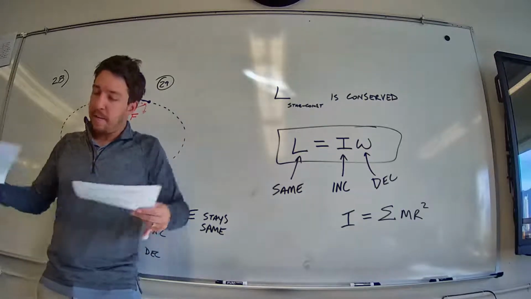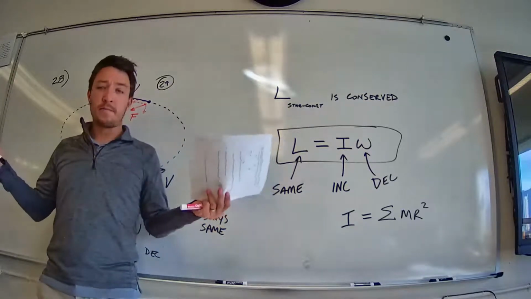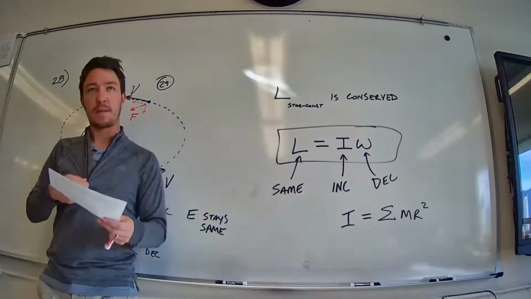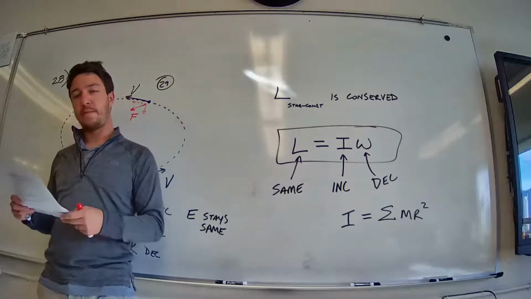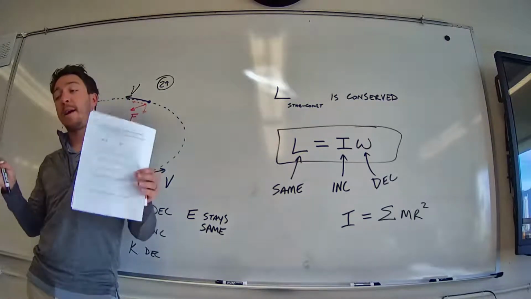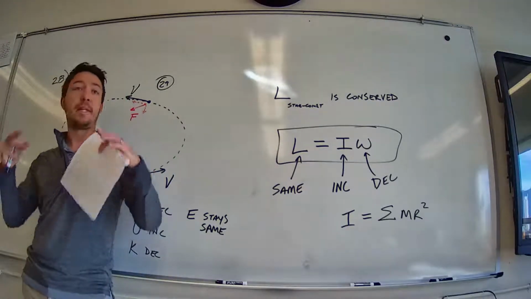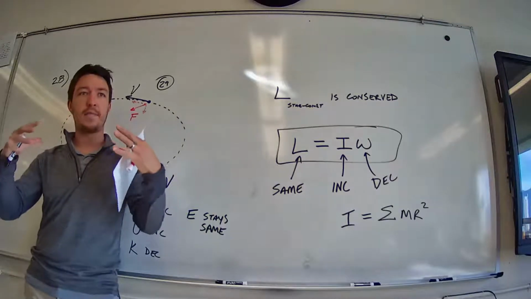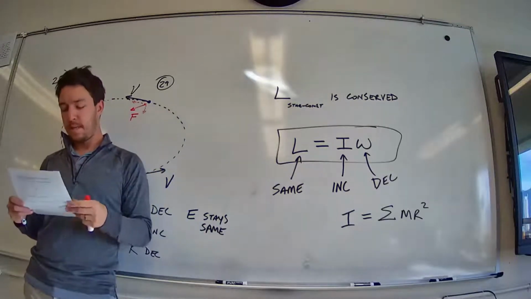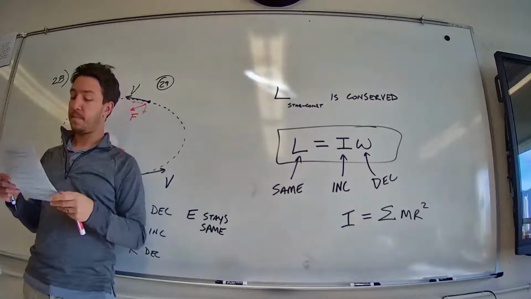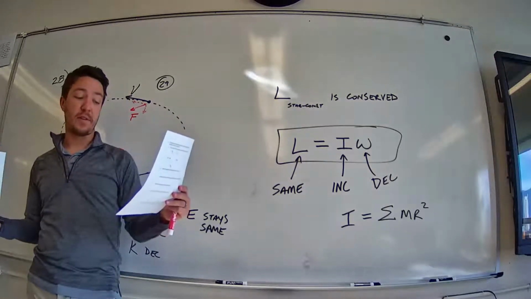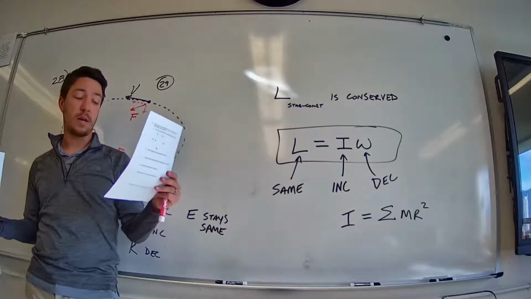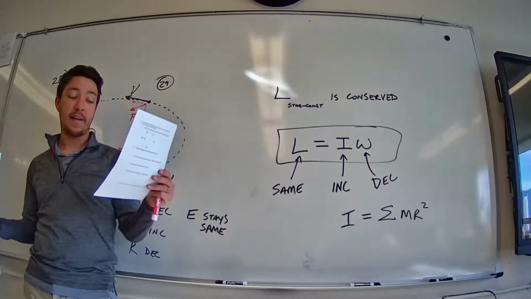That might be confusing right now, and that's fine. It just has to do with the fact that you can't have gravitational potential energy without a planet or something providing that gravitational field. So just for clarification on 30, the true answers are A and F.